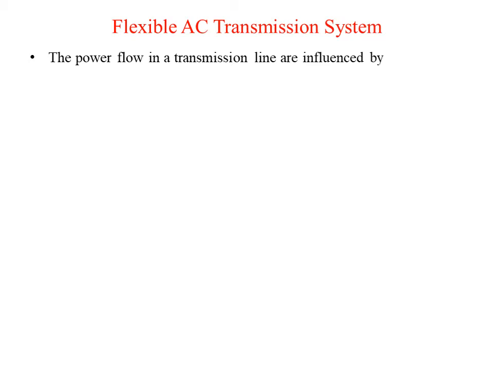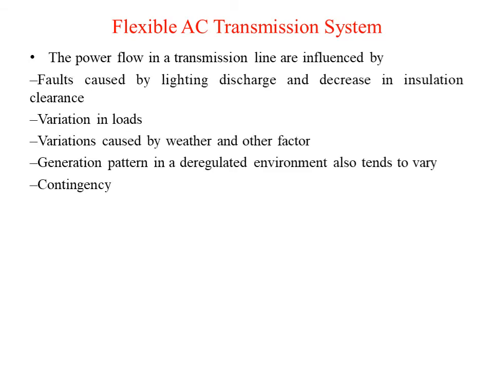The power flow in transmission lines is influenced by faults caused by lightning discharge and decrease in insulation clearance, variation in loads, variation caused by weather and other factors, generation pattern in a deregulated environment, which also tends to vary, and contingency.